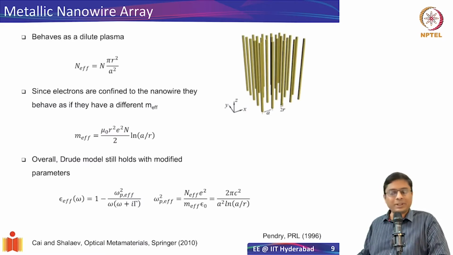So we will try to address that. We will show you how we can actually engineer the metallic properties. The first example I'll take is a simple array of nanowires.